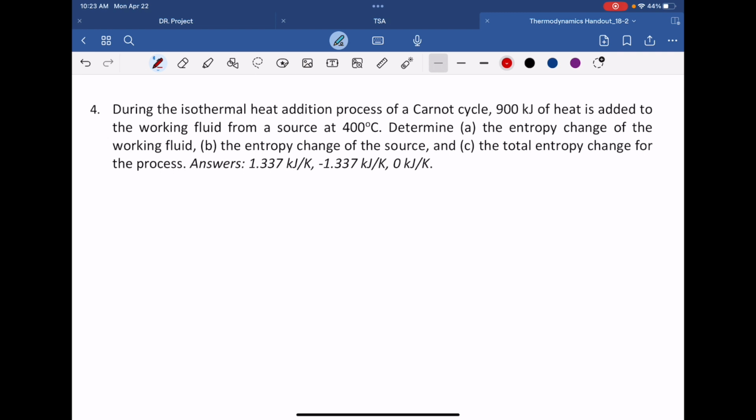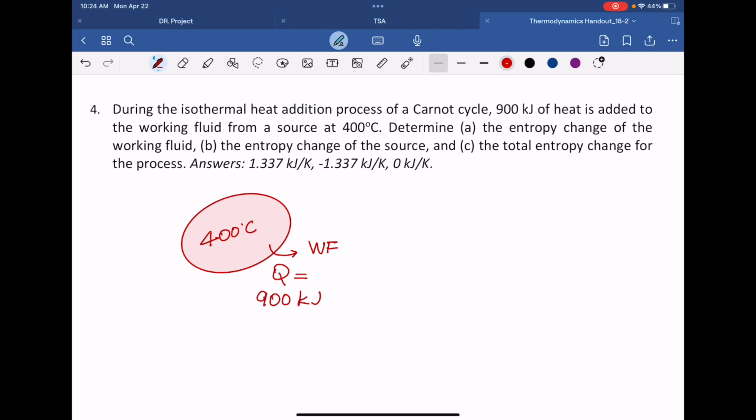During the isothermal heat addition process of a Carnot cycle, 900 kilojoule of heat is added to the working fluid from a source at 400 degrees Celsius. So we have a source, and it is transferring heat to the working fluid, and the amount of heat is 900 kilojoule.